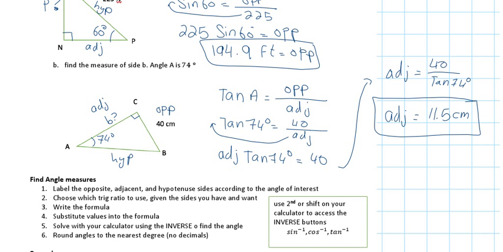I'm doing two steps. Okay? First of all, I'm getting rid of the adjacent because it's divided by adjacent. When I bring it over, it becomes multiplied by adjacent. Okay? And to get rid of the tan 74, because this is a multiplication here, then I have to divide by tan 74 when I bring it over. Yeah?